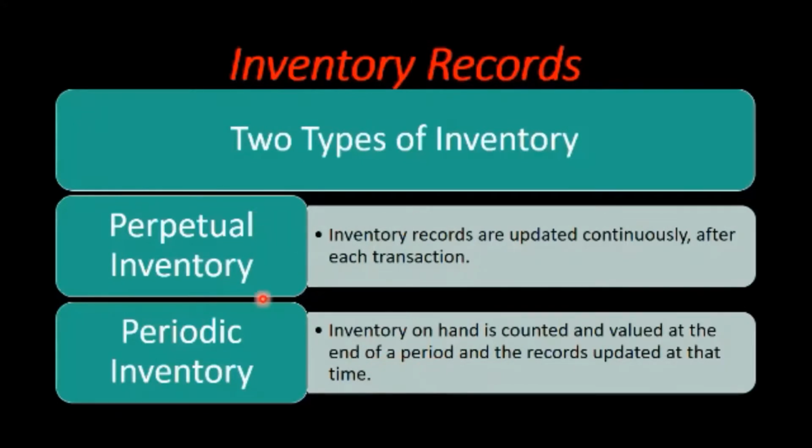Okay, so perpetual inventory, after every transaction, when you buy some inventory, you would update your records immediately, and when you sell some, you update it again right away.